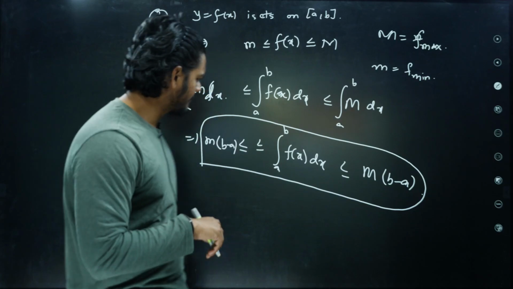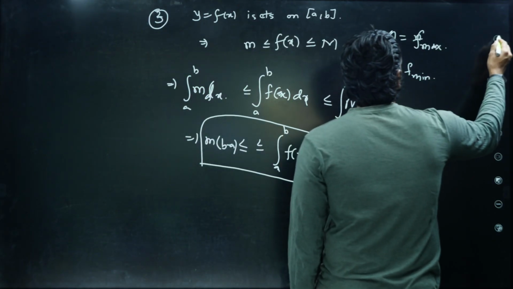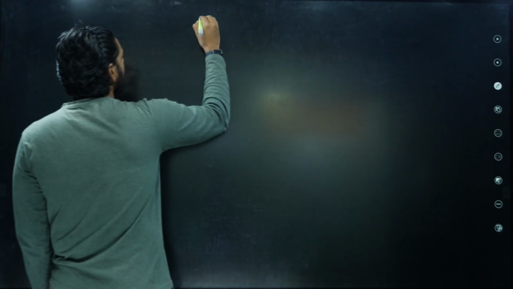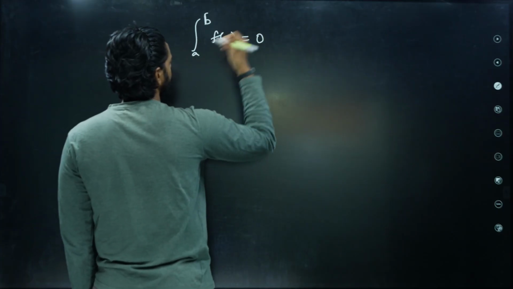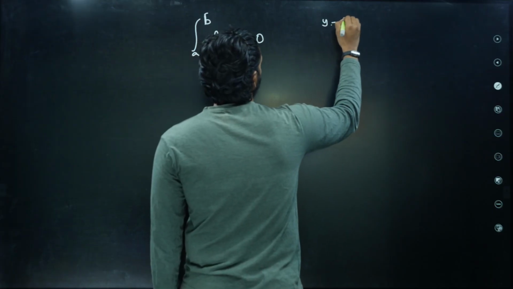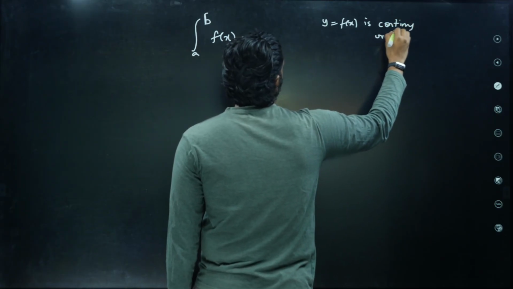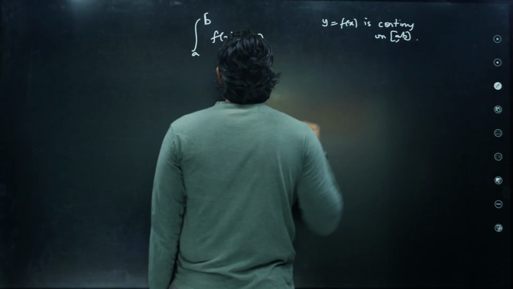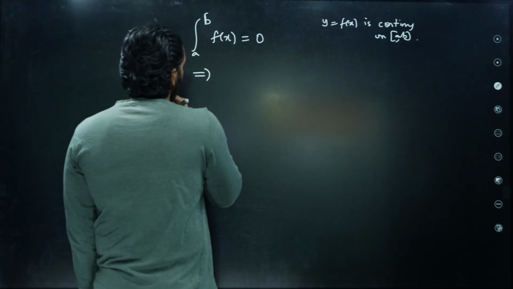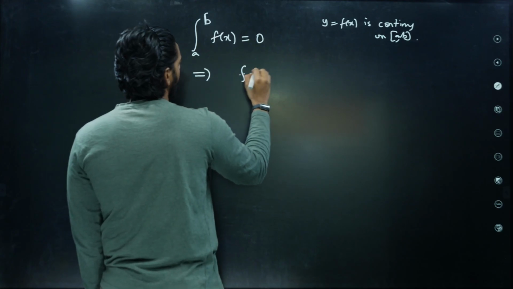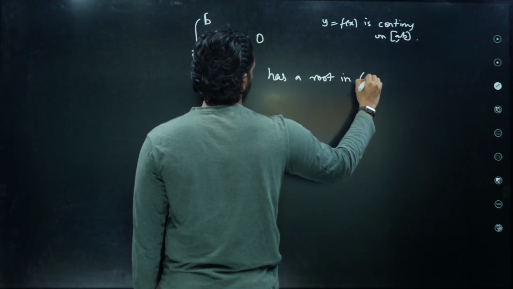Now this reminds me of something very interesting. Think about it. If the integral from a to b of f of x is equal to 0, and y equal to f of x is continuous on [a, b], this would imply that f has a root in (a, b).